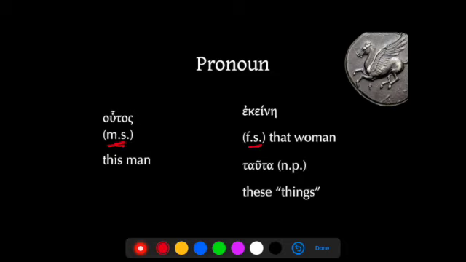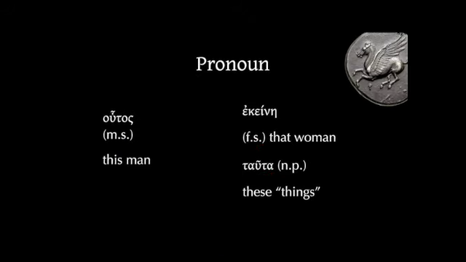And then tauta, which is neuter plural, I would translate it as these things. And so even though Mounce says you can translate it as the pronoun he, she, or it, I would still use that demonstrative to kind of bring out the pointer kind of feel with the demonstrative.